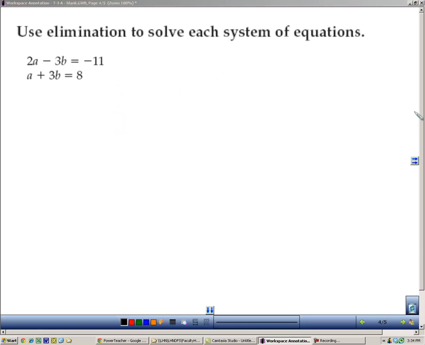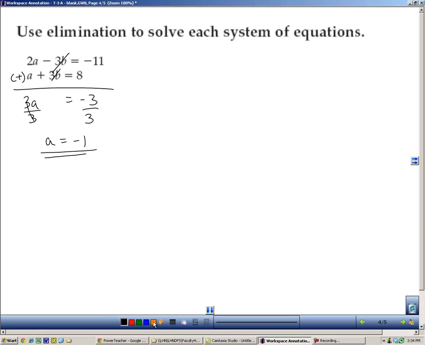Here's another elimination problem, this time using different letters other than x and y. Doesn't matter. Solve it the same way. We're going to add 2a and a is 3a. -3b plus 3b is 0, and -11 plus 8 is -3. Continuing to solve this, you get a equals -1.